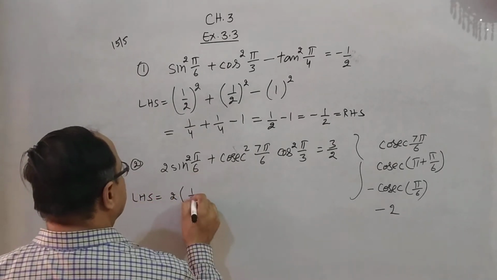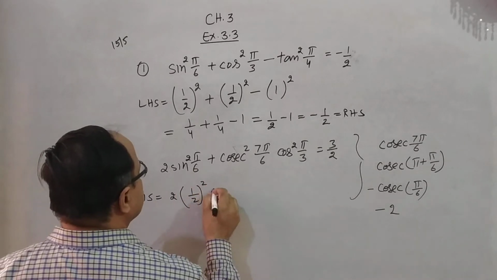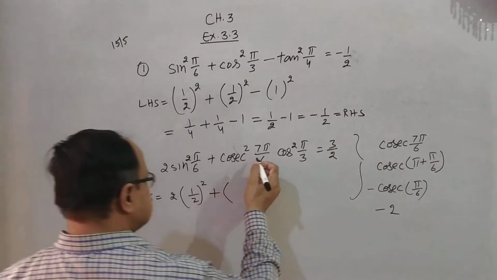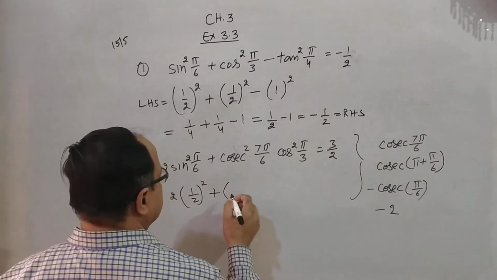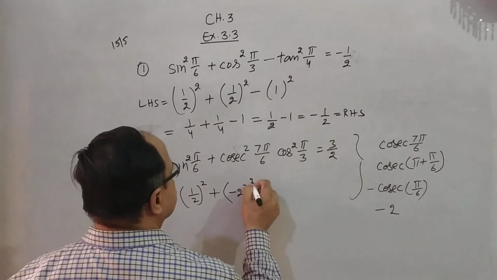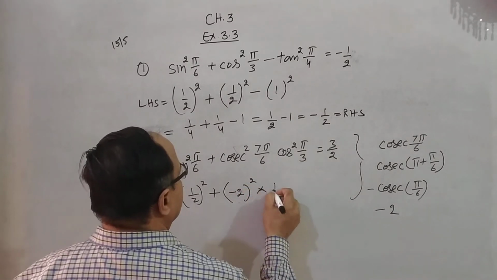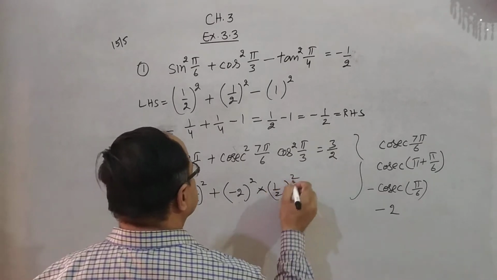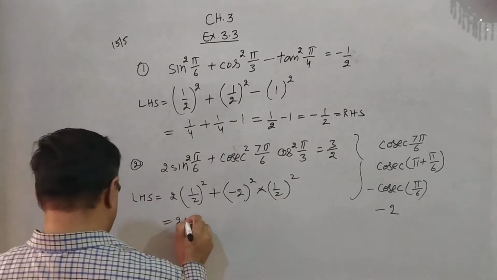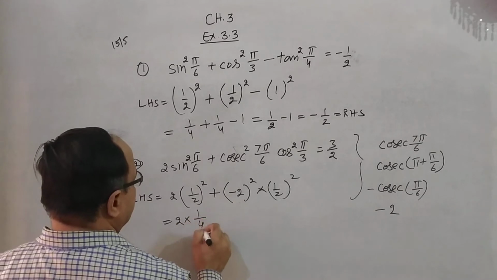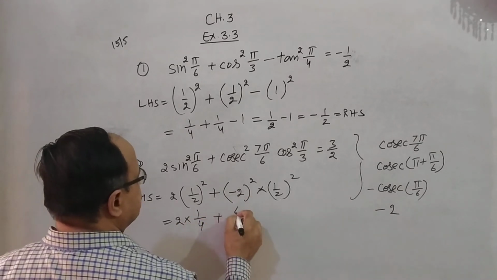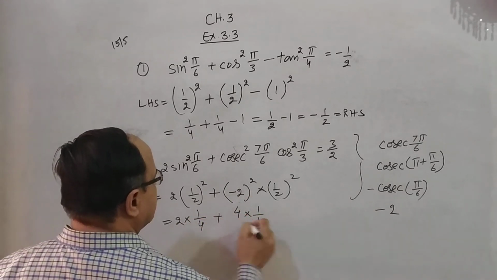Now put the value. Left hand side: value of sin 30, 1 by 2 whole square, plus the value of cosec 7 pi by 6, minus 2 whole square, into 1 by 2 whole square. When you simplify, it becomes 1 by 4 plus 2 into 2, 4, into 1 by 4.